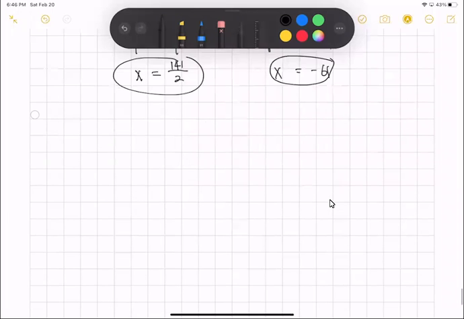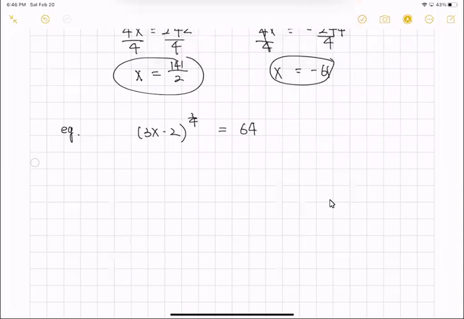Let's do another one, this fractional power. We have (3x - 2) to the 3/4 power equals 64. Again, you want to write this as a radical expression. So I have the fourth root of 3x - 2, to the cubic power, equals 64.